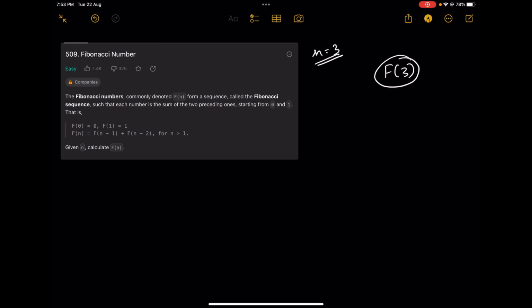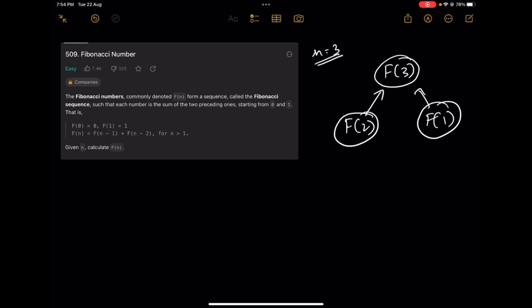Now if you look carefully at the definition of a Fibonacci number, f of 3 is nothing but f of 1 plus f of 2, because f of n is equal to f of n minus 1 plus f of n minus 2. Which means if we had the values of f of 2 and f of 1, we can basically add them to get f of 3, right?